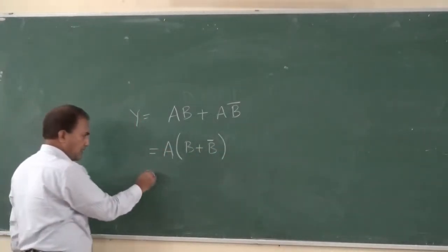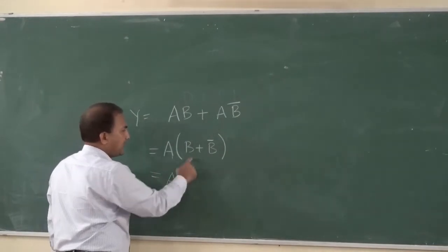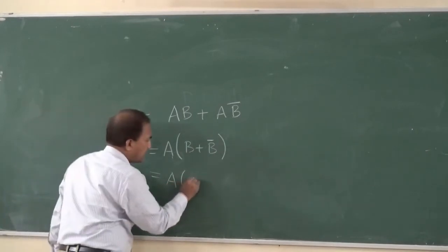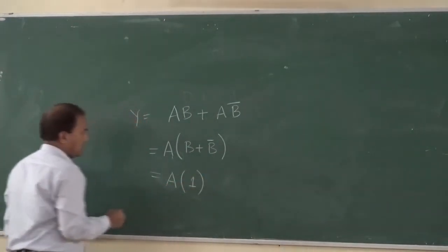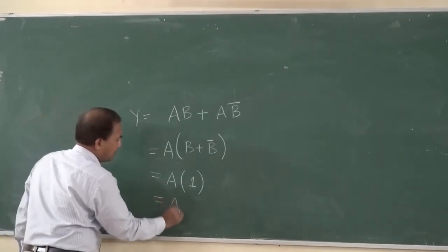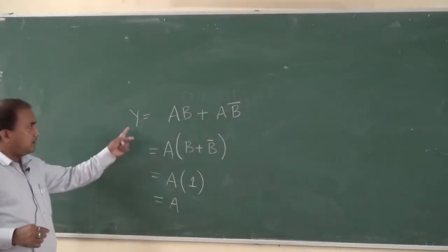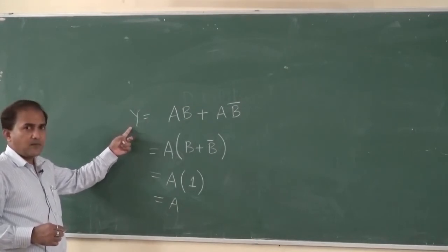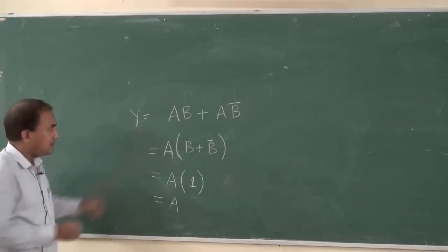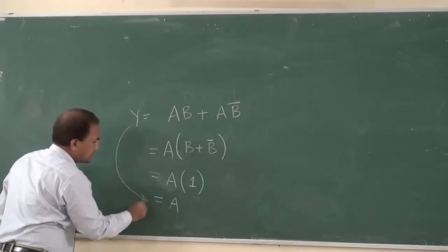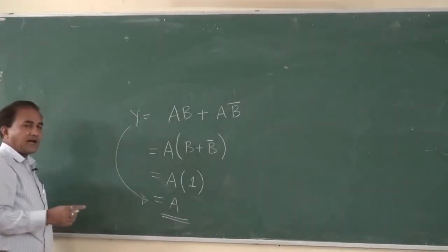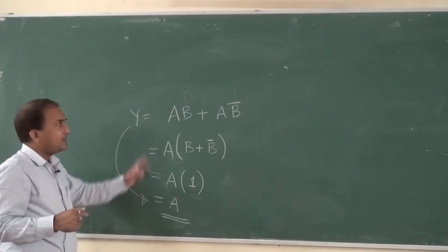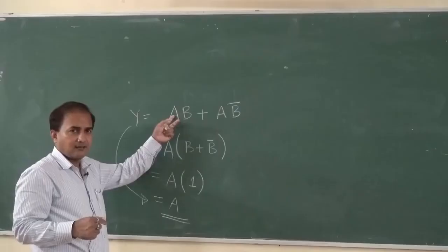Now, B plus B dash is always equal to 1. So it is equal to A. This is the logic for any Boolean logic expression. So by using Boolean algebra, you have reduced this function to A. By using some principles and some rules, you can reduce any Boolean function.